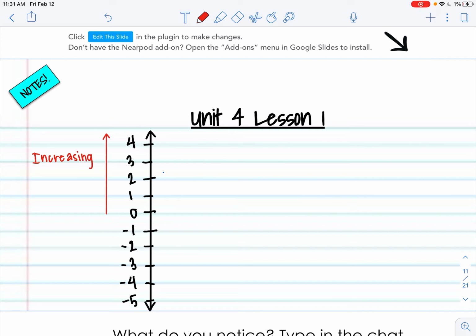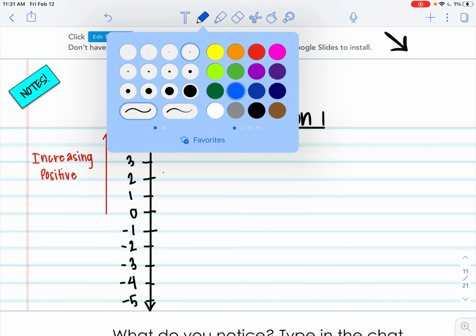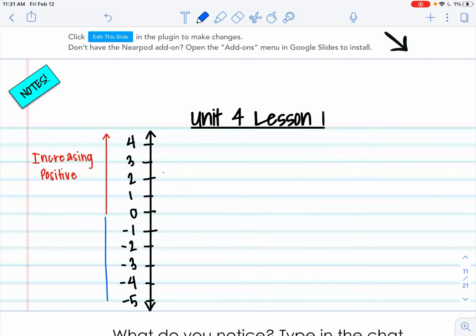So anywhere above 0 is positive. In contrast, as we move down past 0 on our number line, we are decreasing in value. And below 0, our numbers are negative. It's important to note that 0 separates our positive and negative numbers on a number line.